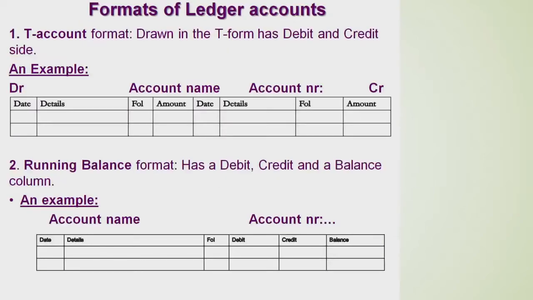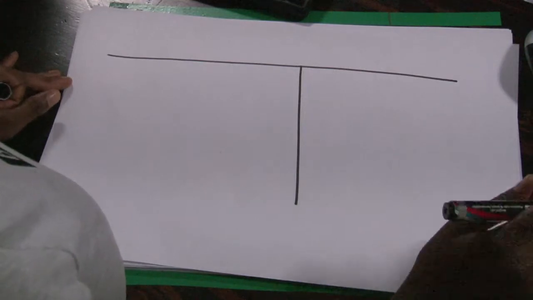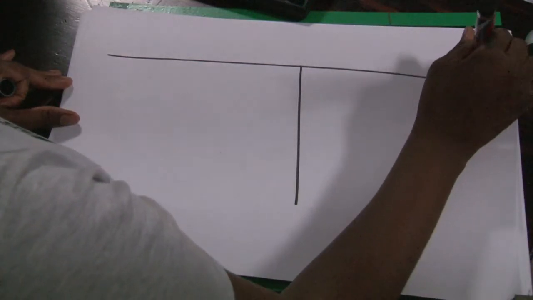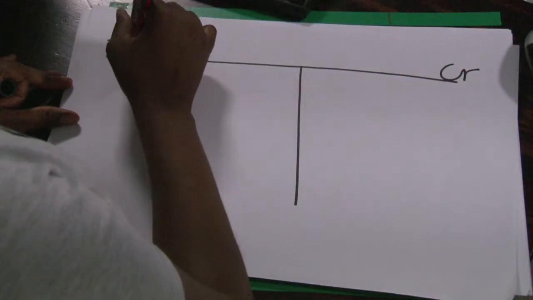Alright, this is a format of a ledger account. We have the T account and we also have the running account. Okay, the T account, this is T, which has a credit side and a debit side.